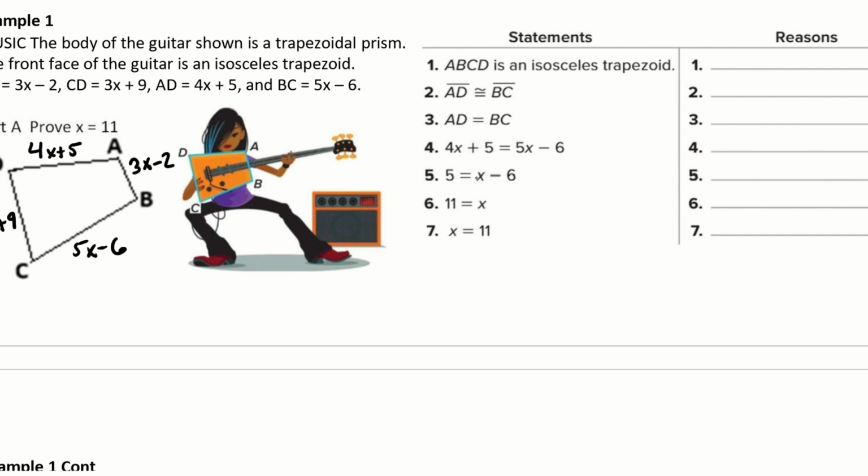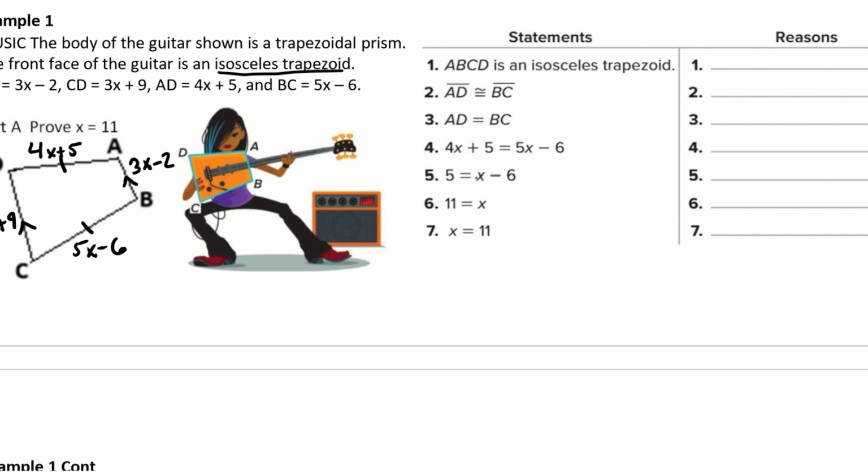Okay, so they told us that it's a trapezoid. Therefore, we have to have at least one pair of parallel sides. Now, you can see from the picture, we have at least one pair of parallel sides, right? And they said it's an isosceles trapezoid, so that means that these two legs have to be congruent, by definition.